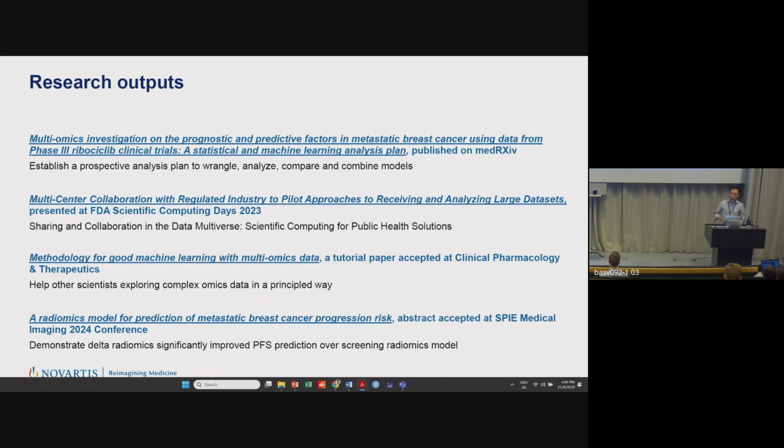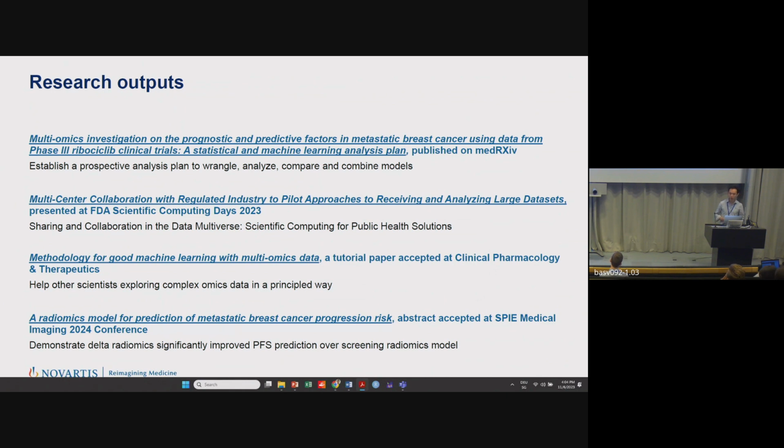And as we are already a few years into the research collaboration, we started to publish some of our work, starting from a prospective analysis plan to publish how we intend to approach this problem to make our end result more robust and reproducible. There was also a talk at FDA Scientific Computing Days to look at the data sharing part of this collaboration.